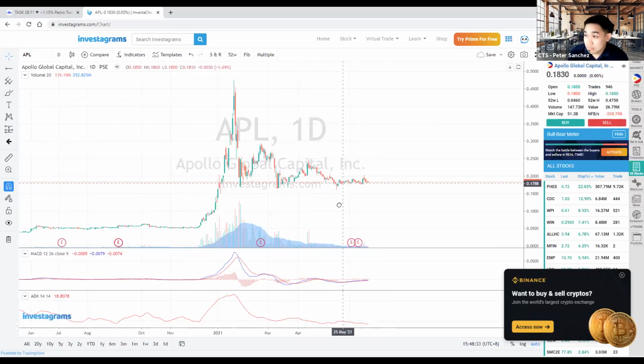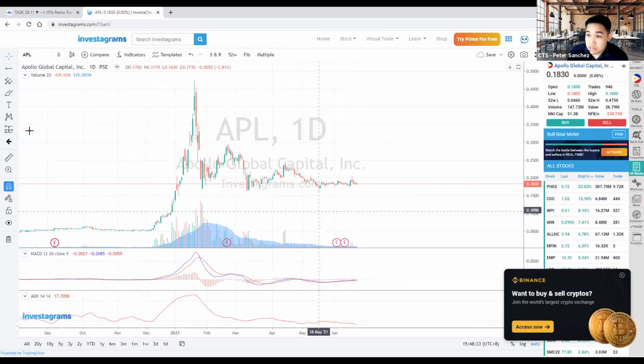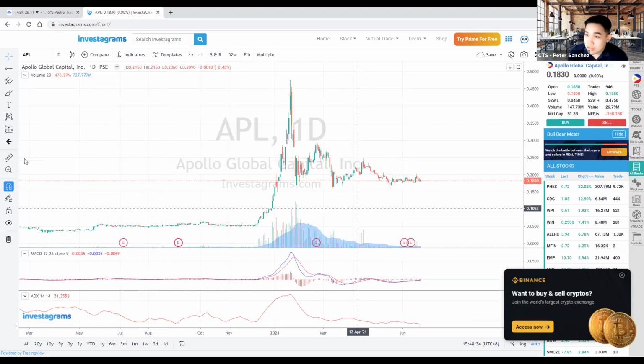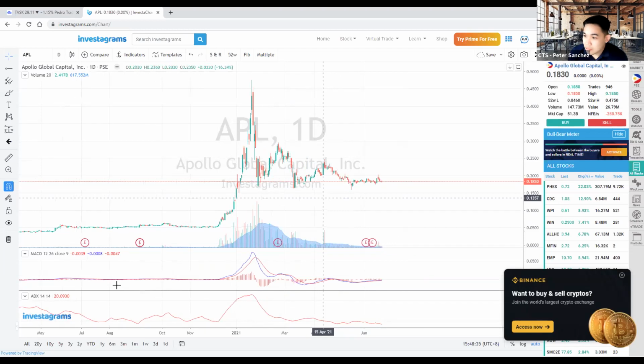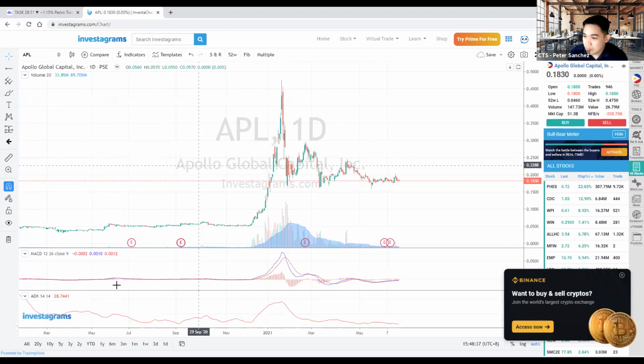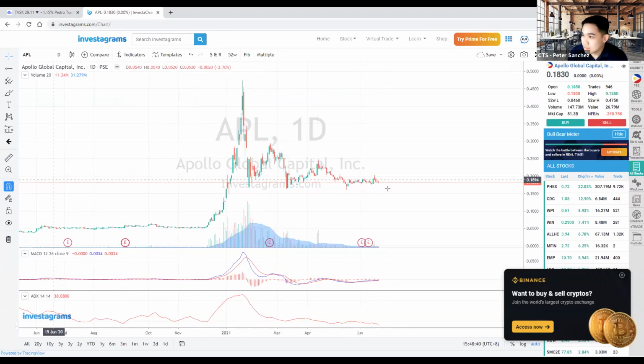APL. Overall, mukhang 90-degree stock na yan, medyo mini sideways. Itawag nating VCP, nagko-contract yung volatility. MACD nasa 0, walang ADX. Siguro kung mag-breakout, pwede ito tingnan for me.